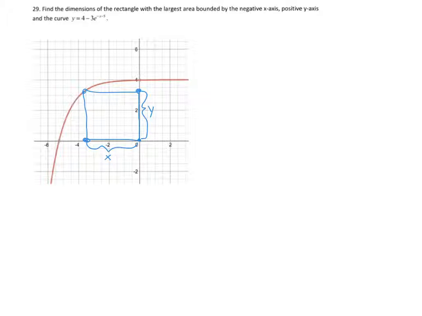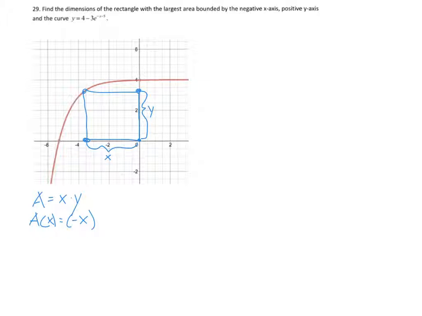So to counteract that negative x value, for my area function, I can just put a negative sign in front of that x, which will change it to positive. So normally the area is just x times y, but I'm going to write this in terms of x, and I'm going to put negative x, so I get the opposite of the x values.